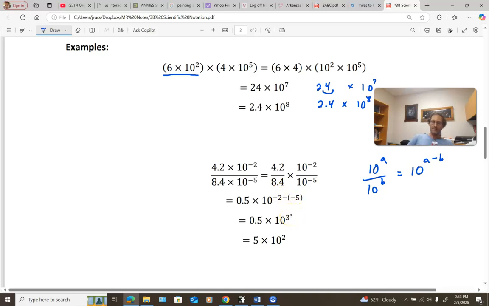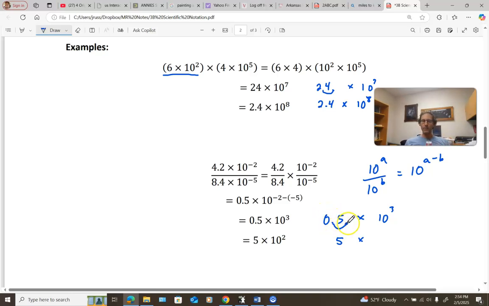And then again, at the very end, we need to make an adjustment, because this number right here is not between 1 and 10. It's less than 1. So to account for that, I'd move my decimal to the right 1, and it would just become 5. I said to the left, I meant to the right.